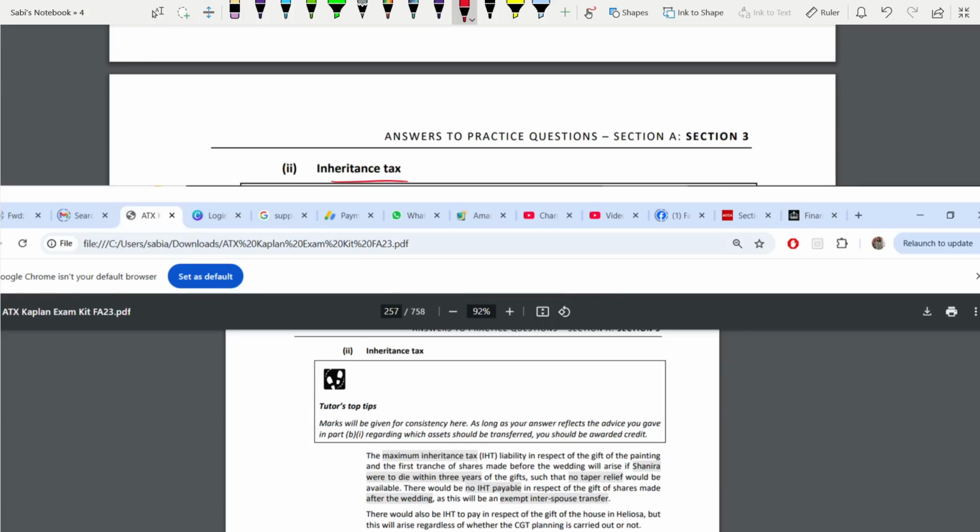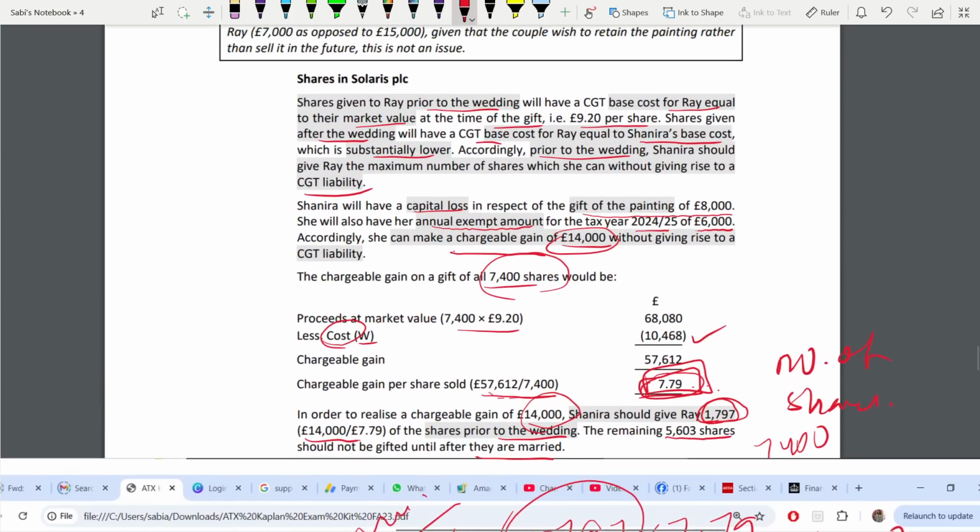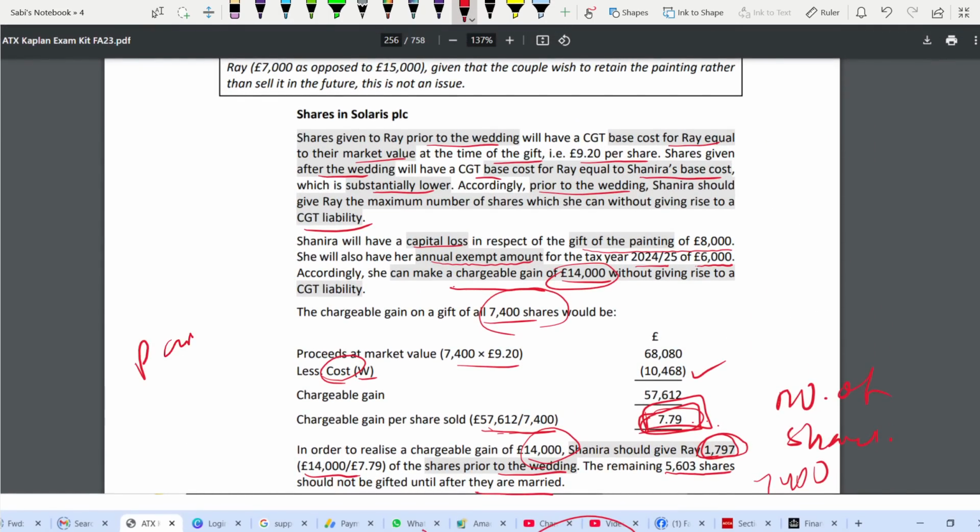Whatever the advice you have given in the first part of B, you told painting before wedding. This you have to stick to in the second part also, when we are calculating gain for shares and when we are taking the capital loss for painting, because we are going to give it before the wedding. So you have to stick with it.